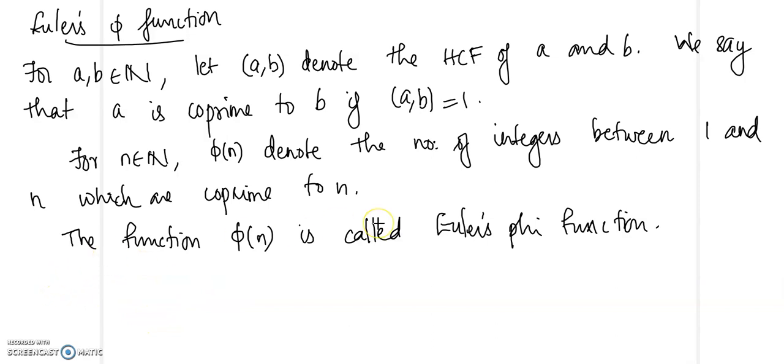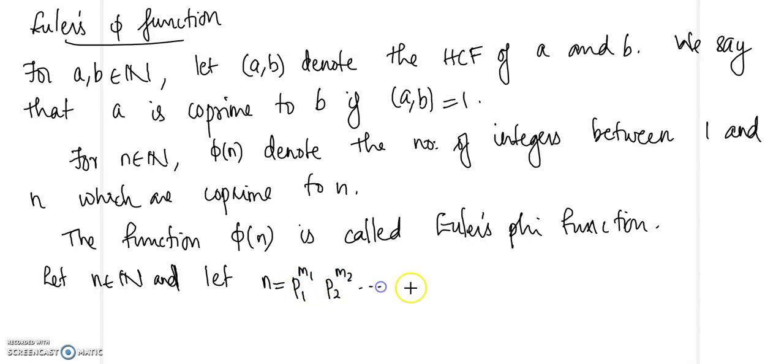By the generalized principle of inclusion and exclusion, we will be proving that result. So this is the result. Let n belong to N and let n equal p1 raised to m1, p2 raised to m2, etc., pk raised to mk be the prime factorization.